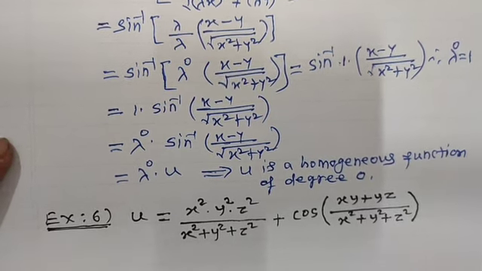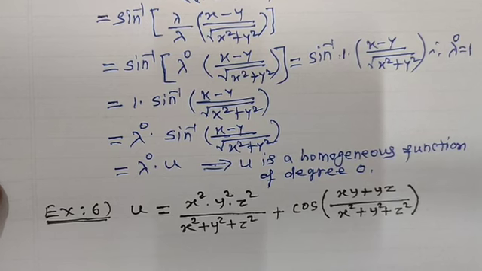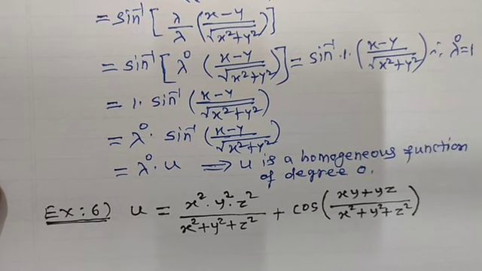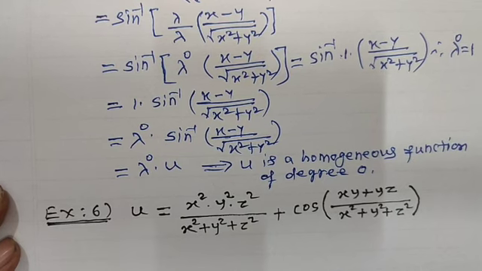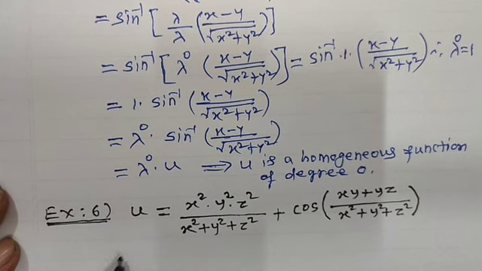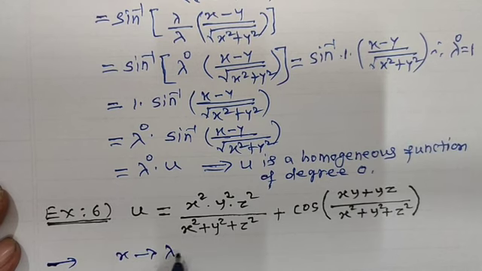This is a very important sum because U is the addition of two different functions. Here also, replace x by lambda x and y by lambda y.